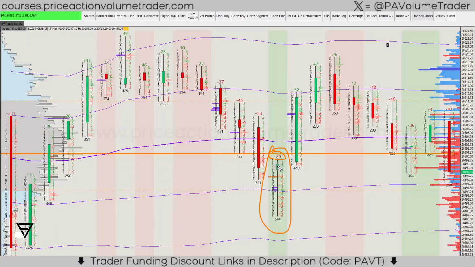So that means there were more aggressive participants selling into here, but there were some significant limit orders absorbing all that, and we ended up with a positive candle and making a very significant swing low on negative delta. So that's a very bullish sign.